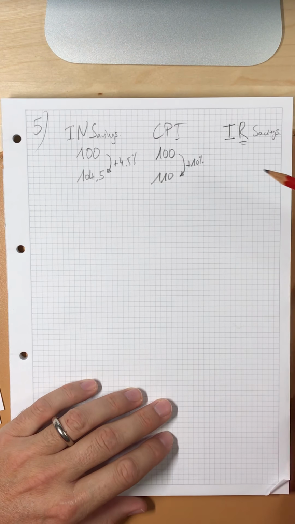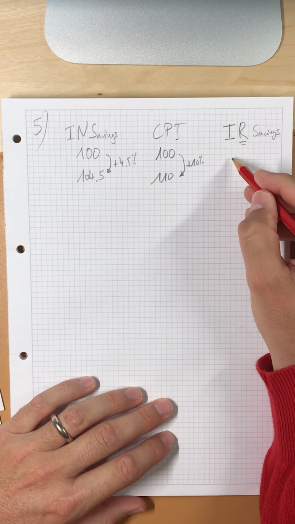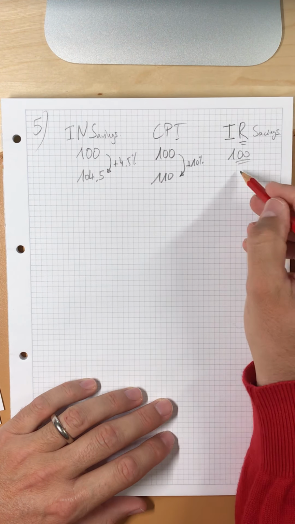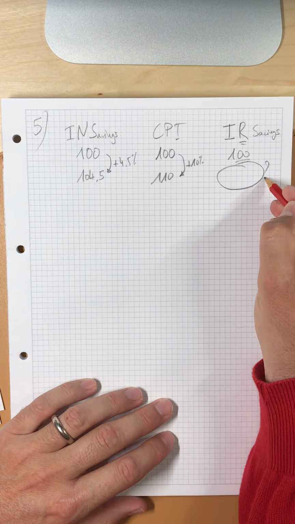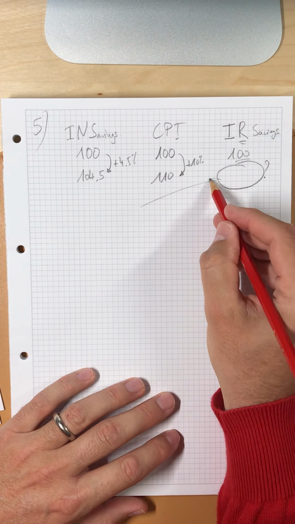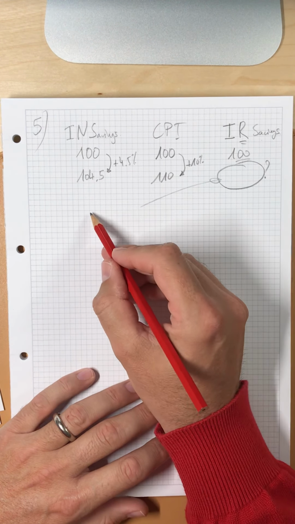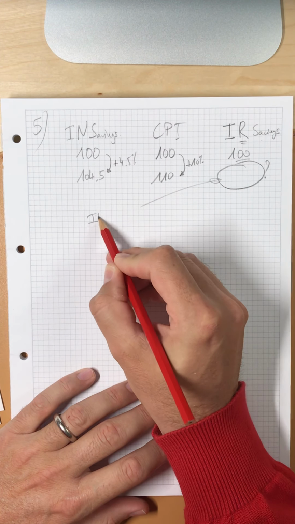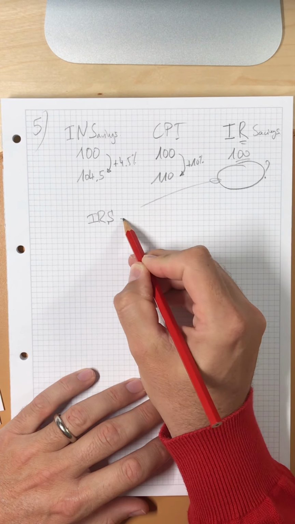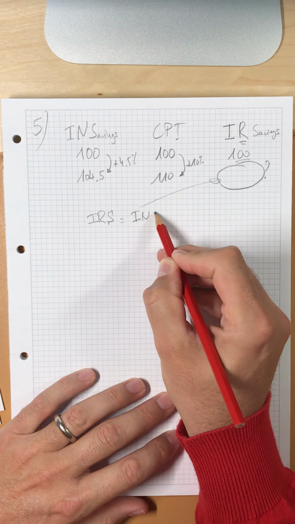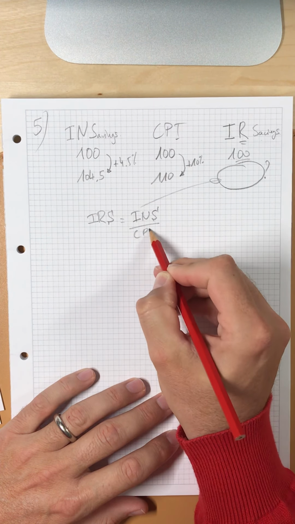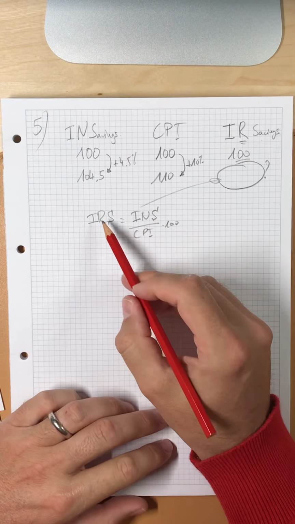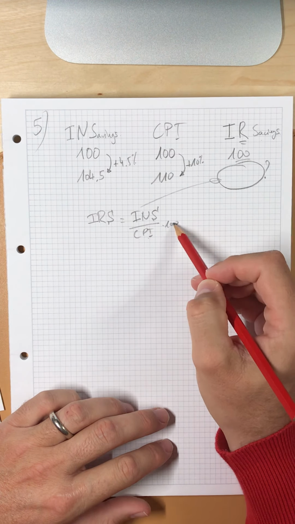The first period is always equal to 100. In that case, the index of real savings is the index of nominal savings over CPI times 100. Always the same formula: real is nominal over CPI times 100.